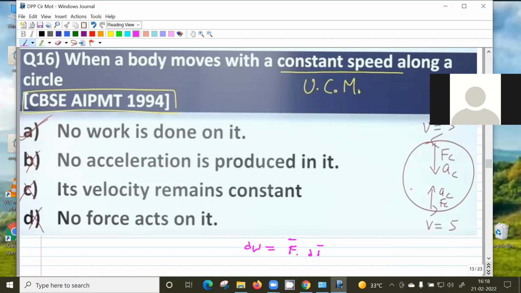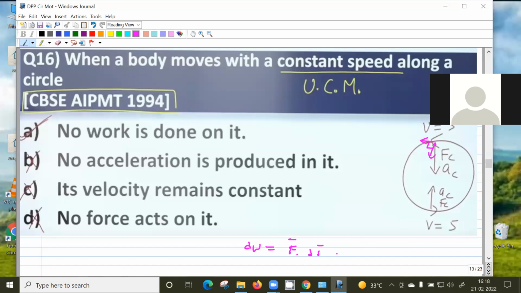Okay, here F and ds are perpendicular. F is radial, no? Centripetal force. Yes, sir. ds means the displacement, that is tangential. And there is some centripetal force, so this angle is 90.